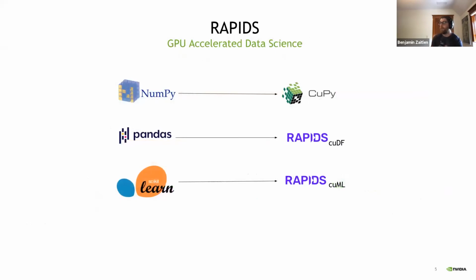Explicitly, what that means is we have these analogs between our traditional ecosystem that we all know, NumPy, Pandas, scikit-learn, and things that RAPIDS and other groups have built. From NumPy, we can go to cuPy, a GPU accelerated version of NumPy. From Pandas, we go to cuDF. And from scikit-learn, we can go to cuML.